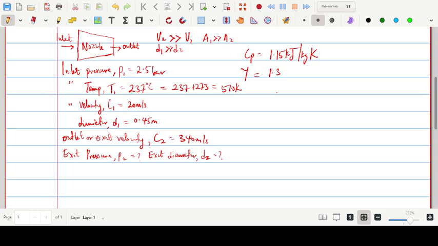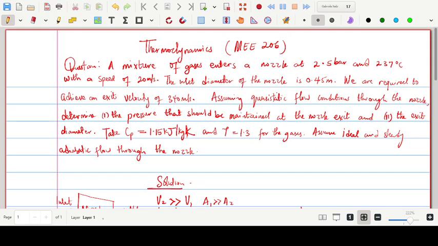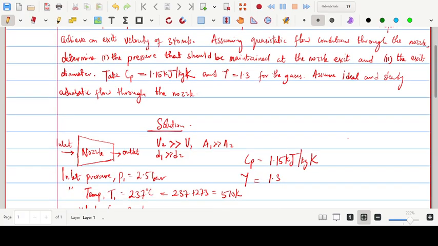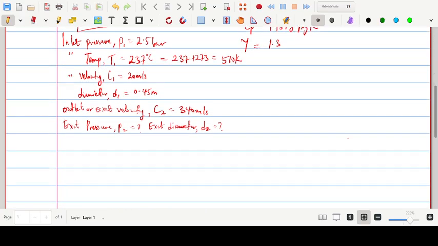We shouldn't forget that for the gas, we assume ideal and steady adiabatic flow through the nozzle. What does that simply mean?